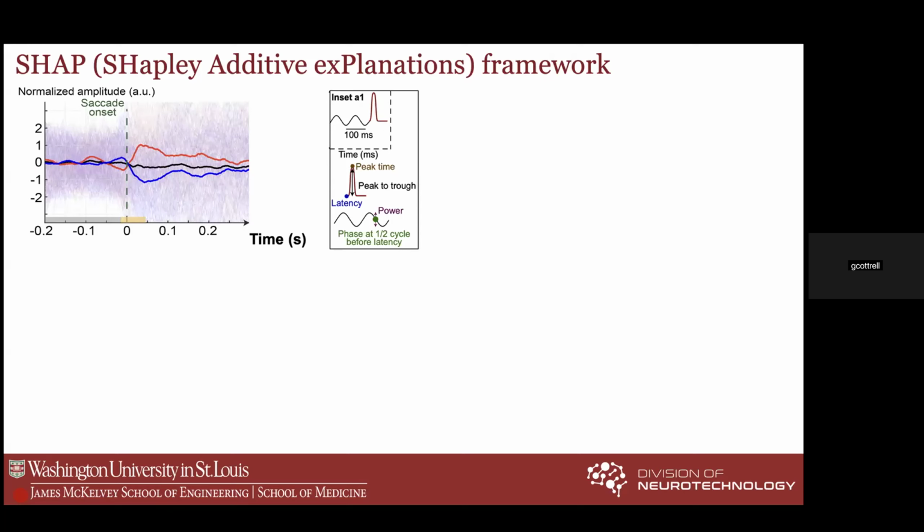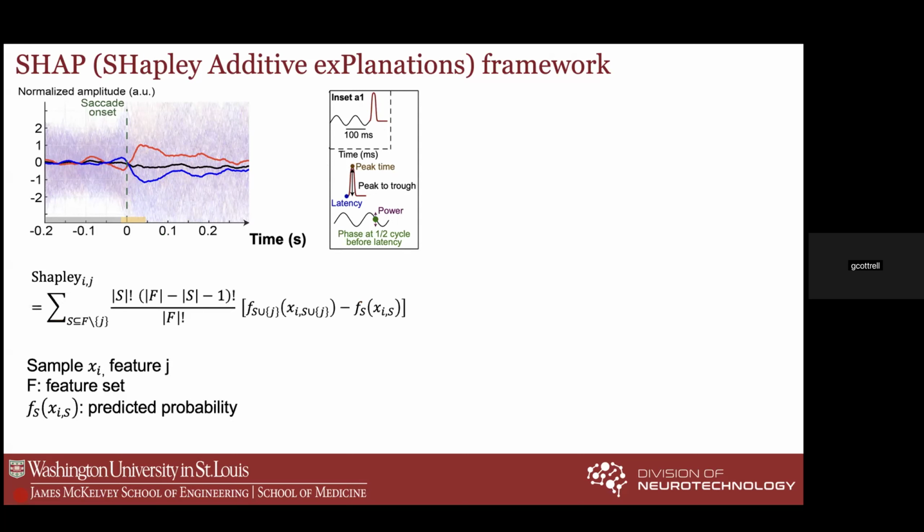Now we want to explain the learned mappings in the random forest model. To do that, I use the Shapley additive explanation framework, which basically quantifies the marginal contribution of a feature value to the final predicted probability for each sample. Here's the equation.